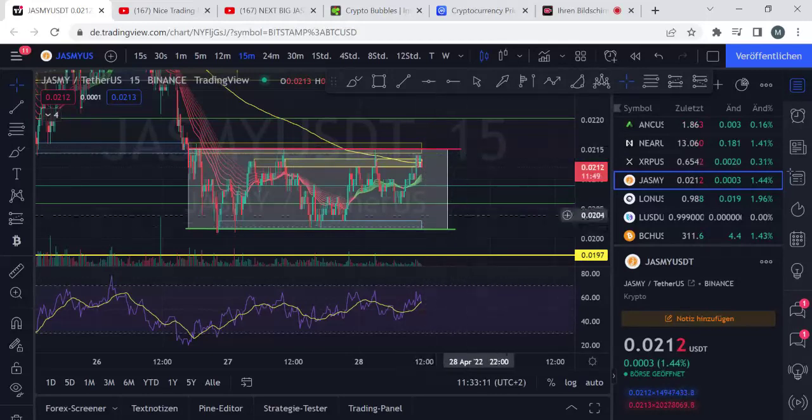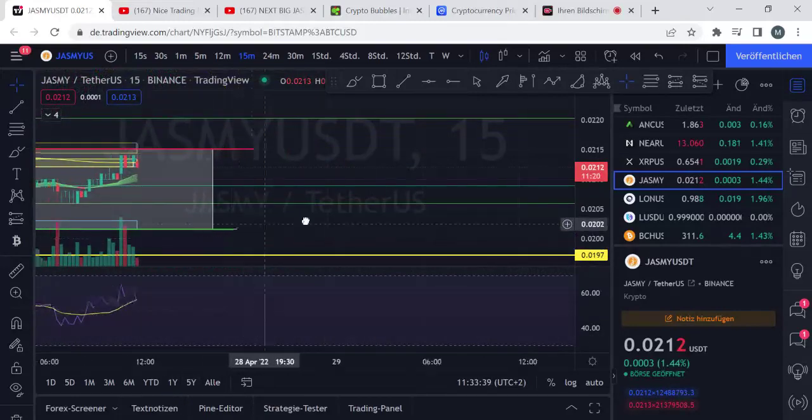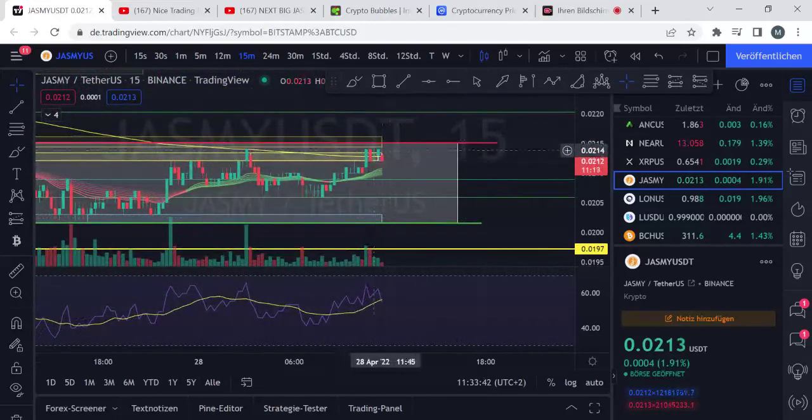So now you have again two scenarios. First one, Jasmy coin can really break above this level of 0.0215. If it will break out, I will show you the next price target. The second scenario is Jasmy coin will fail, because if we zoom in, you see right now it really struggles in fighting with this area.